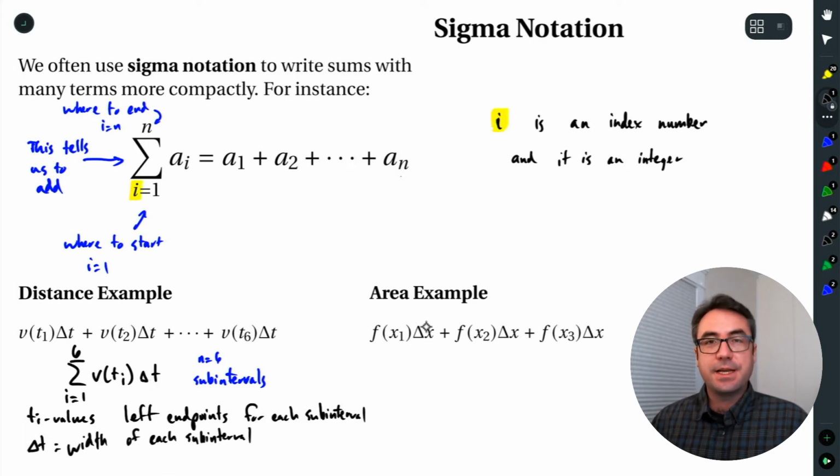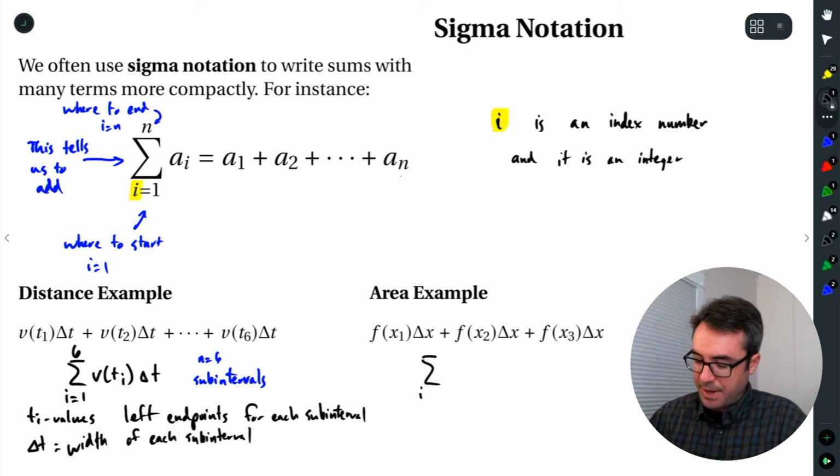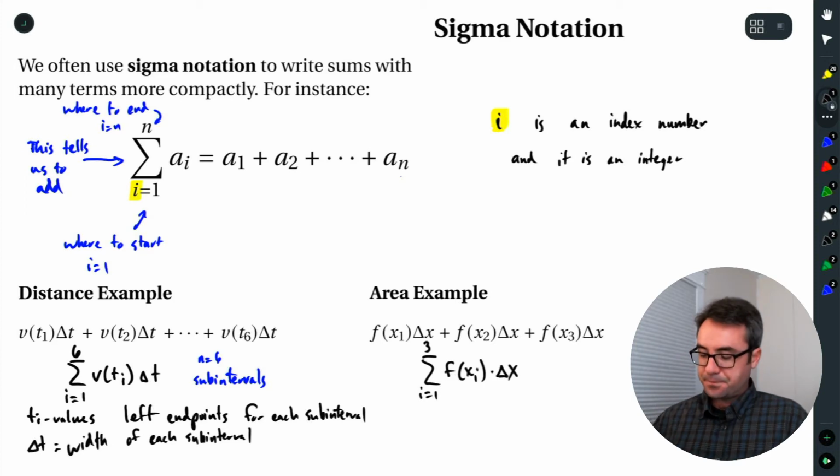Now, in the area example that we did in the last one, we had 3 approximating rectangles that we calculated the area of. Writing a sum of 3 terms is not too bad, but if we wanted to write this out in sigma notation, it would be the sum from i equals 1 to 3 of f of x sub i times delta x.